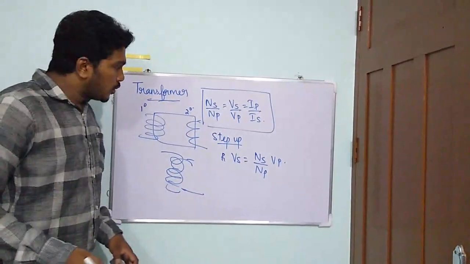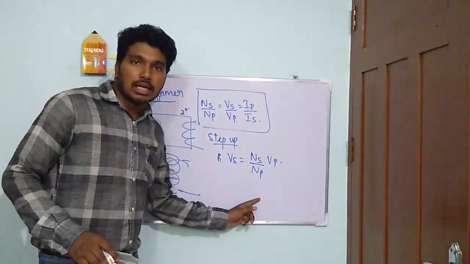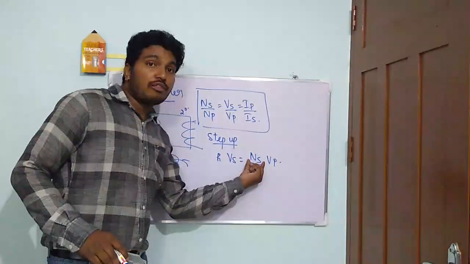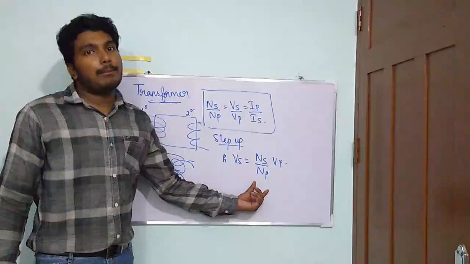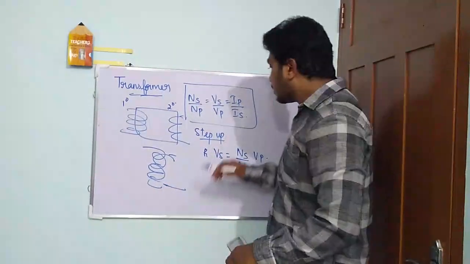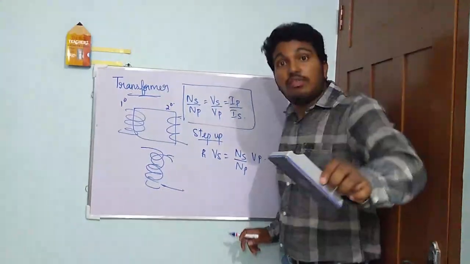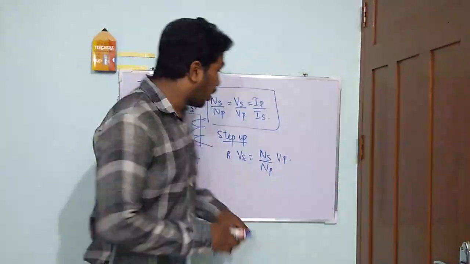Now if it is a step up transformer, from this condition it's very clear that the number of turns in the secondary should be greater than the number of turns in the primary. Then only we can call it a step up transformer. Now, what does step down mean?